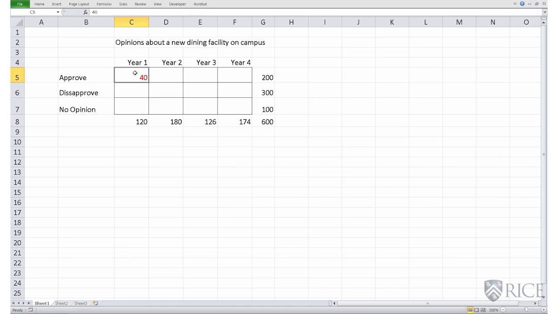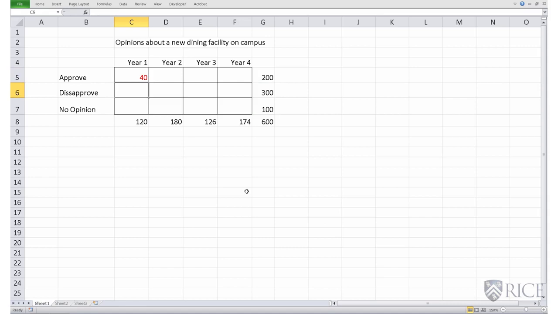Now we could have also used a formula for that, and the formula is nothing but the row total multiplied by the column total divided by the grand total. So let's enter the formula equals the row total multiplied by the column total divided by the grand total, which gives us the answer 40.